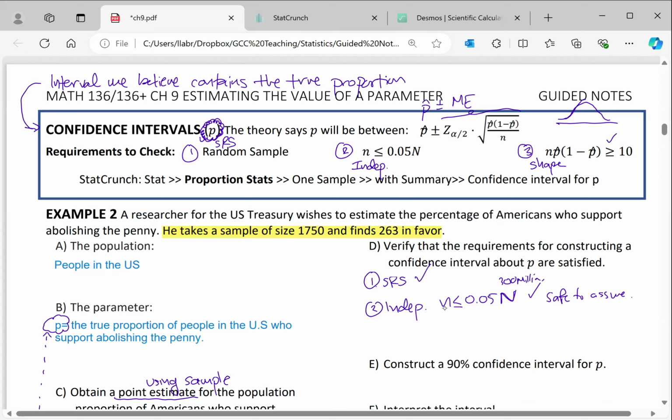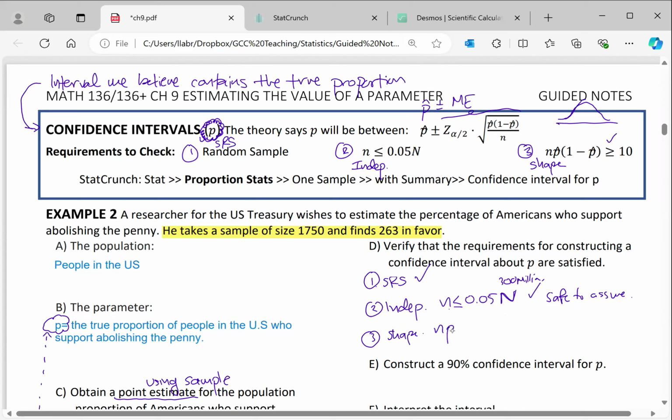So as long as my sample size is less than 5% of 300 million, we're going to be okay. And we saw last time that for a population size of like 250,000, n could still be in the thousands and meet that condition. So from here on out, we're just going to say safe to assume. You can actually compute this, by the way. But anyway, let's take a look at the shape condition.